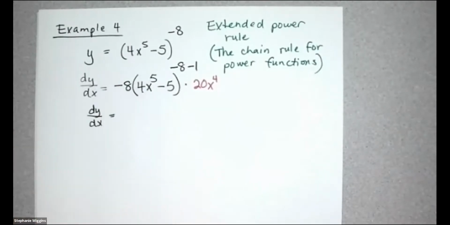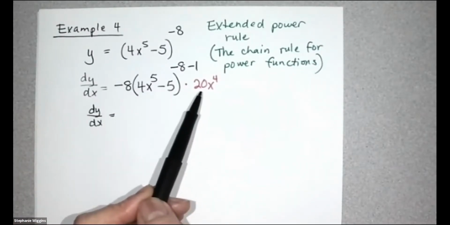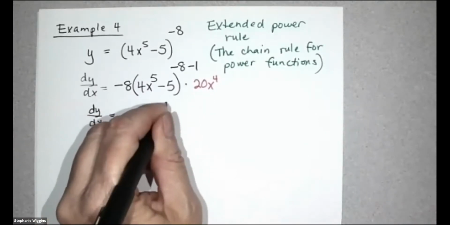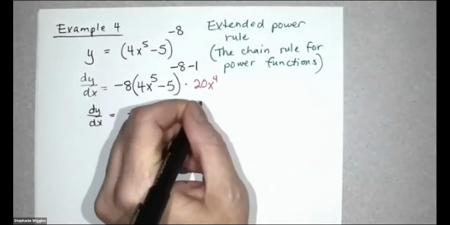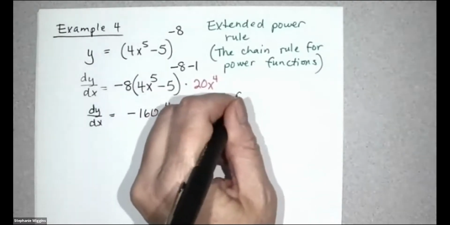Now, to simplify this, I have -8 times 20, that's -160, and then x to the 4th, times 4x to the 5th minus 5 to the -9th power.